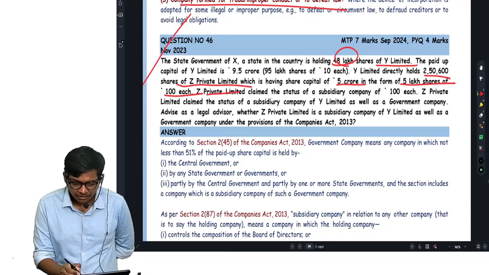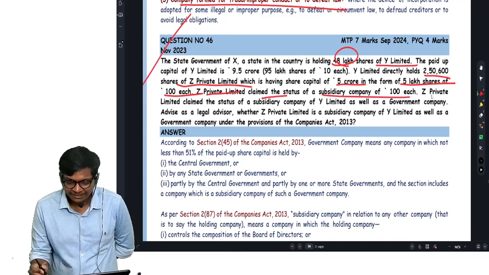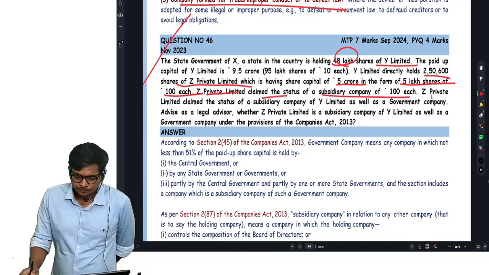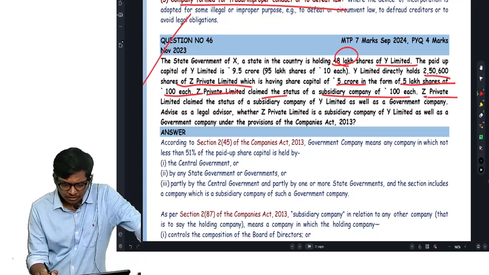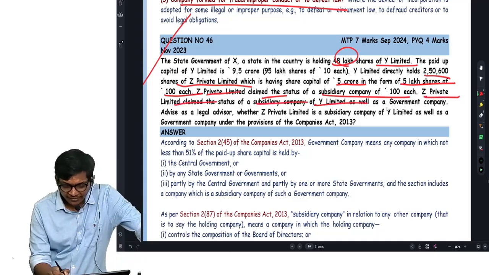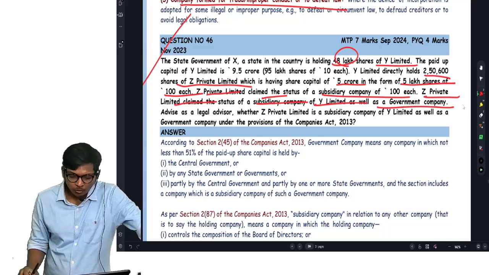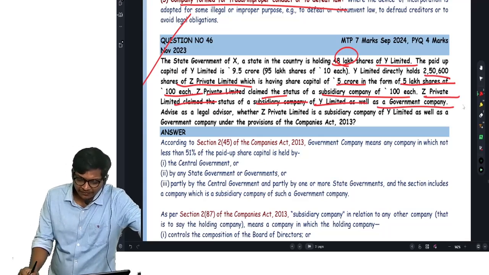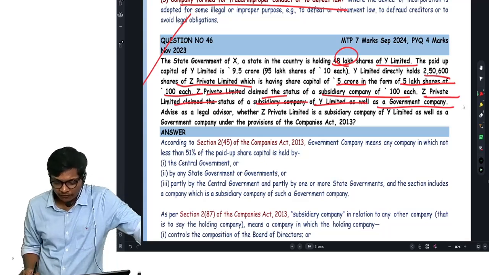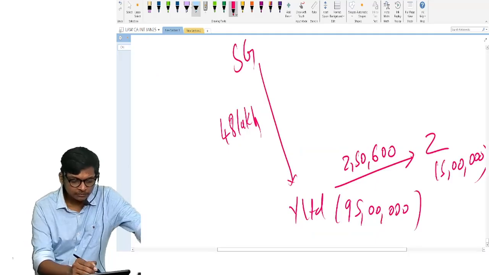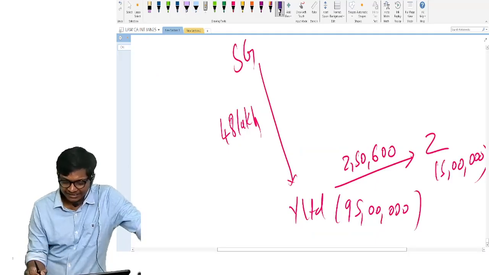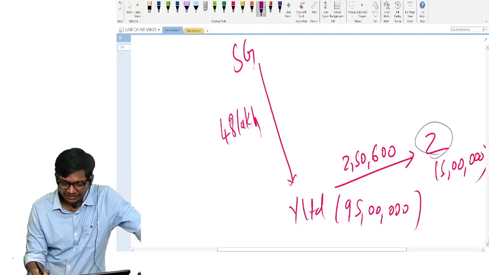Z Private Limited claims status of subsidiary of Y Limited as well as government company. As a legal advisor, advise whether Z is a subsidiary of Y as well as government. So first case, Z is having how many shares?